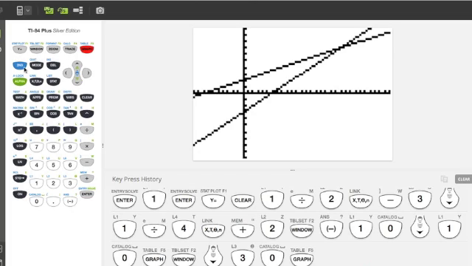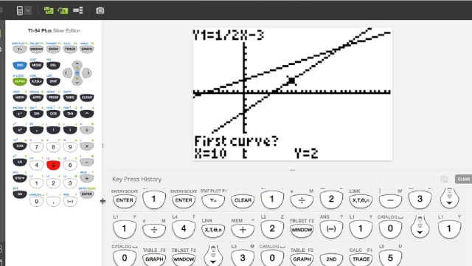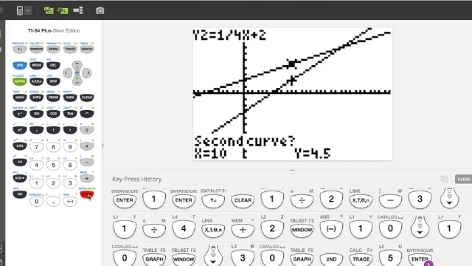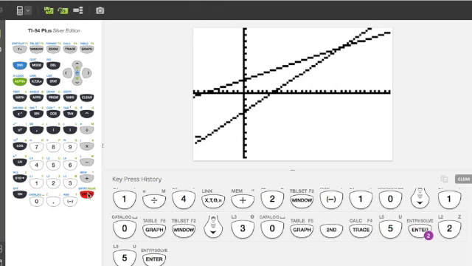We do get a graph. We want the intersection. Second calc, intersect is 5. Press enter and enter. We'll take a guess. There's where x equals 10, and it's to the right of that. So let's say 25, and it turns out it's 20.